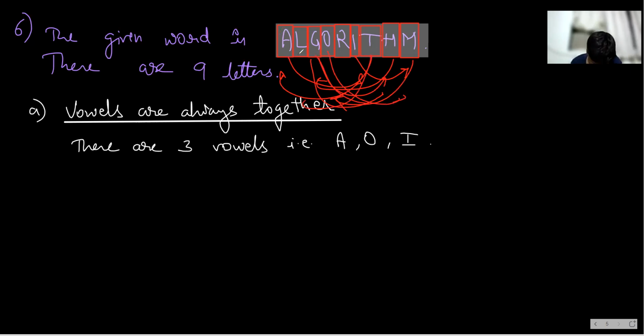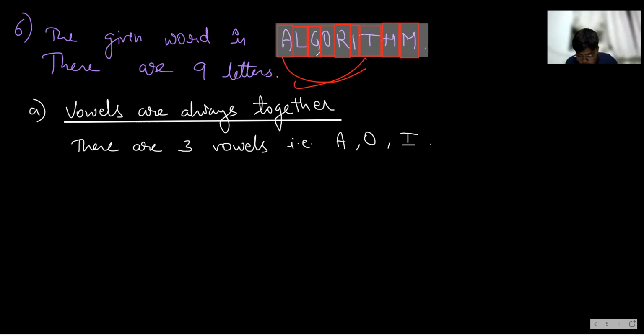There is no compulsion. They can be arranged any way. Any unit can move to any other place. This can go here, this can come here, this will go there. All this can happen. Why? Because there is no condition.